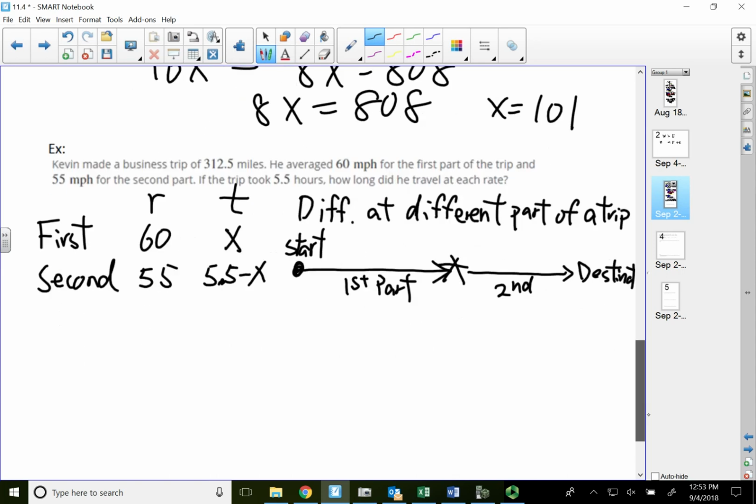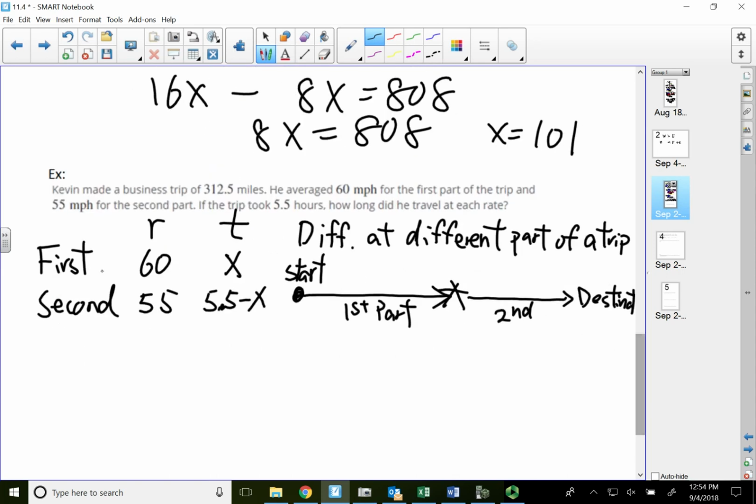All right. Now, let's go ahead and set it up. So how do I write out the whole equation once I translate? Well, the whole entire business trip is 5.5 hours. So one is x, the other one is the total minus x. And the distance for the entire trip is 312.5 miles.